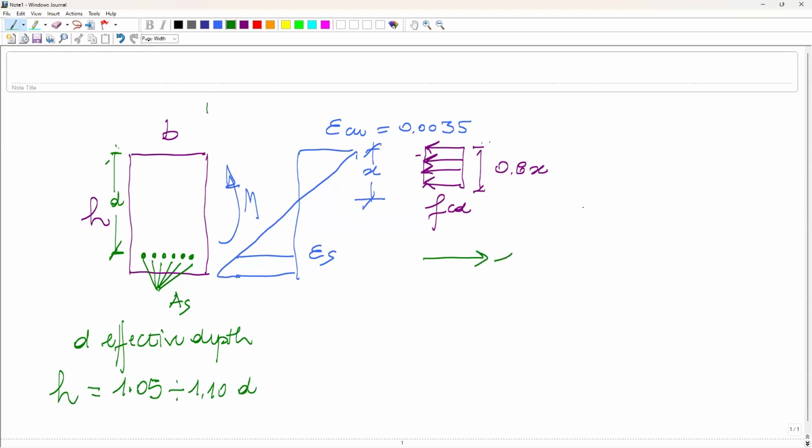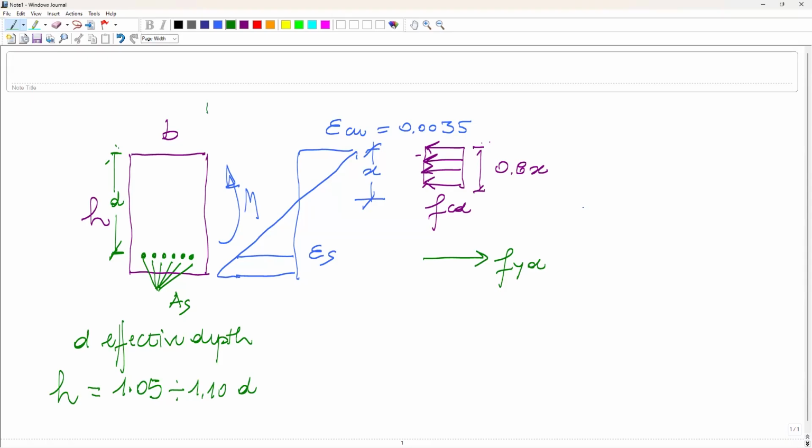And you have compressed forces in concrete applied over a depth which is 0.8 x. And you have the forces in steel, and we assume that the steel is yielded. Okay?